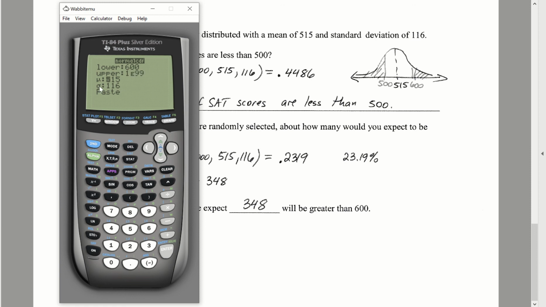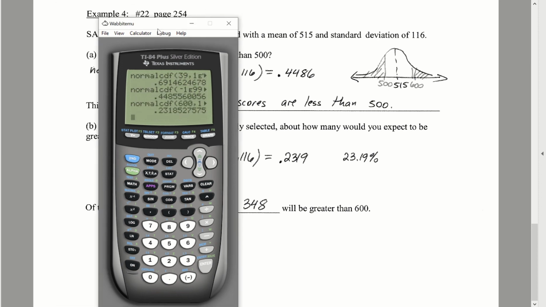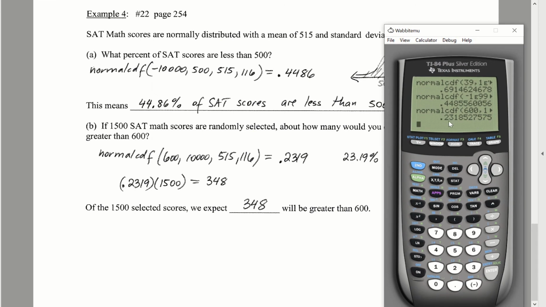Mean of 515, standard deviation of 116. Go ahead and hit enter. And we would get a proportion of about 0.2319. So 0.2319 of all of these SAT scores for math, we would expect to be greater than 600.